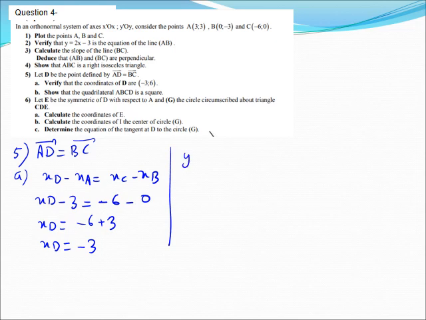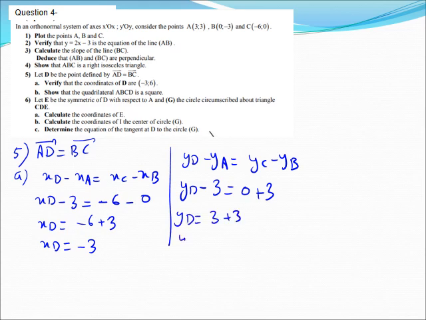Now yD minus yA equal yC minus yB. yD minus 3 equal 0 minus minus 3. yD equal 3 plus 3, yD equal 6. So the coordinate of D is (-3, 6).